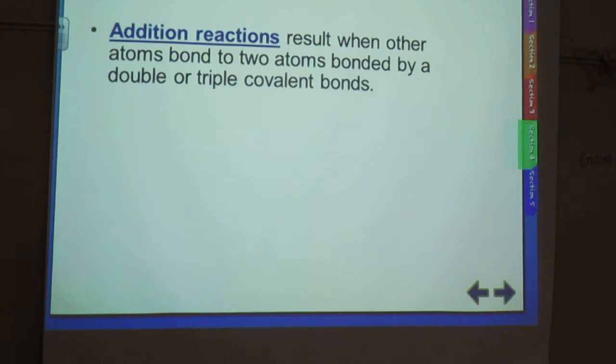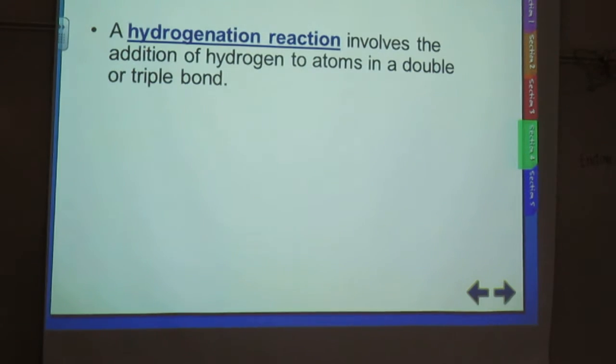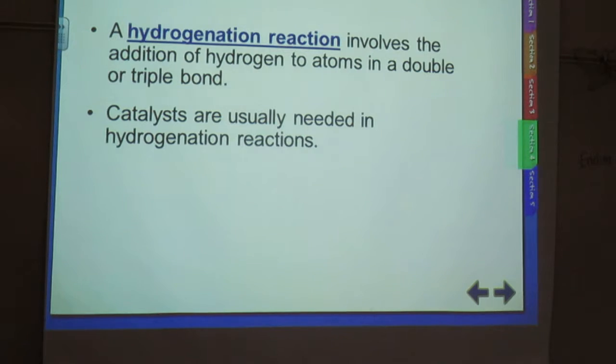Addition reaction, this is where you start with an alkene or an alkyne, and then you'll end up with something different. One example is a hydration, the opposite of dehydration, where you have water in your reactants and you're putting it into the products. Hydrogenation is where you have the hydrogen in your reactants and then you're putting that into your products.